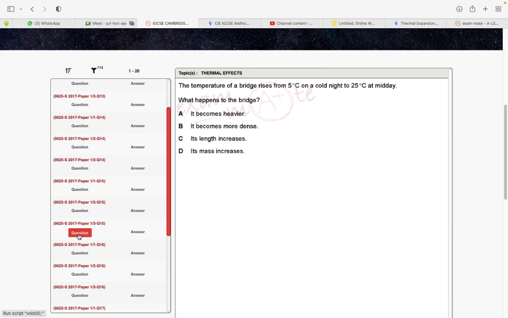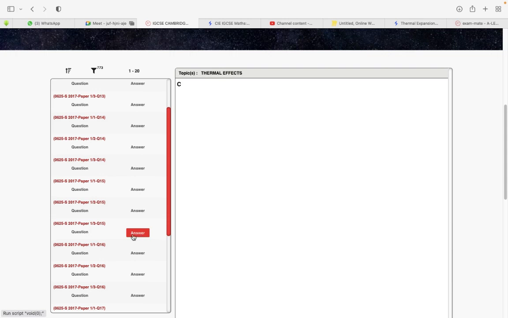The answer is between C and D. In fact, D is wrong. Because when temperature increases, the bridge expands, right? When things expand, their length will increase, especially if it's linear expansion. When heat is supplied, the bridge will increase in length. Okay, got it. Yeah, C.